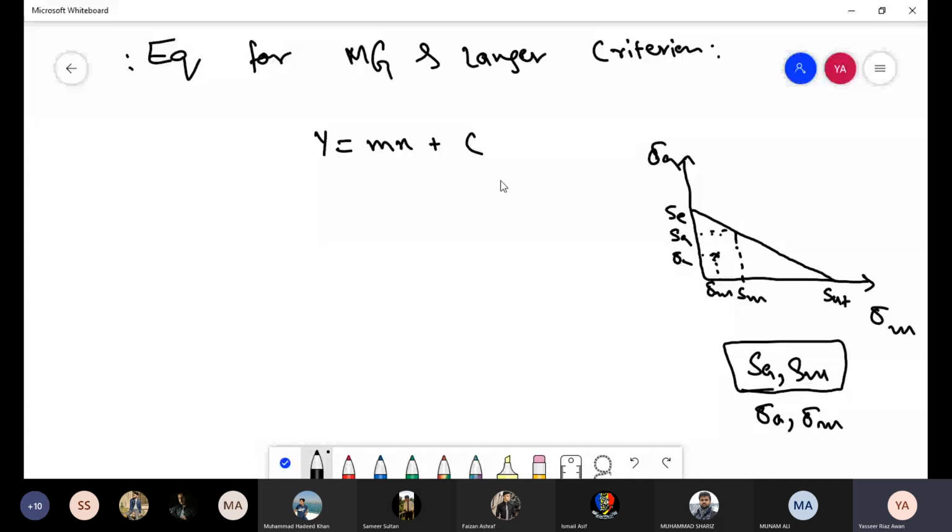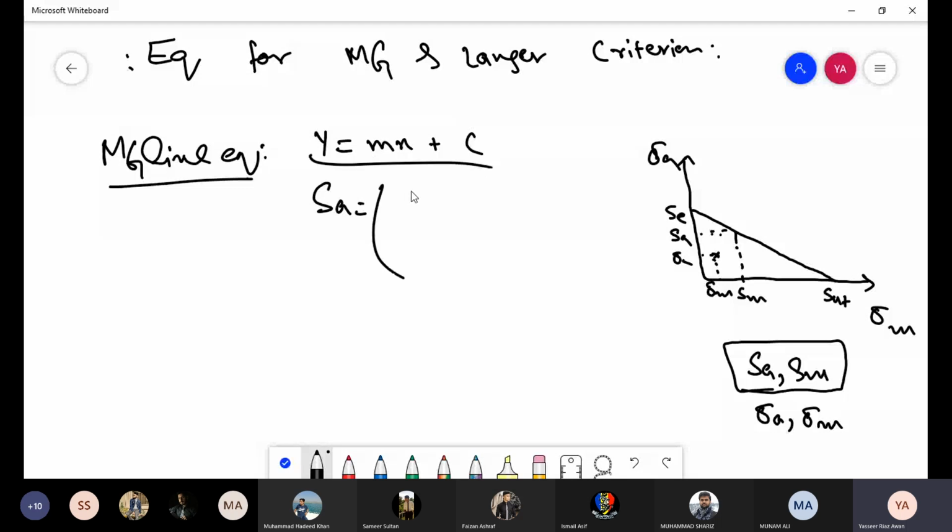So this equation is for the modified Goodman line. We can use y is equal to mx plus c. I'm not deriving this equation, I'm just reminding you that this equation comes from here.